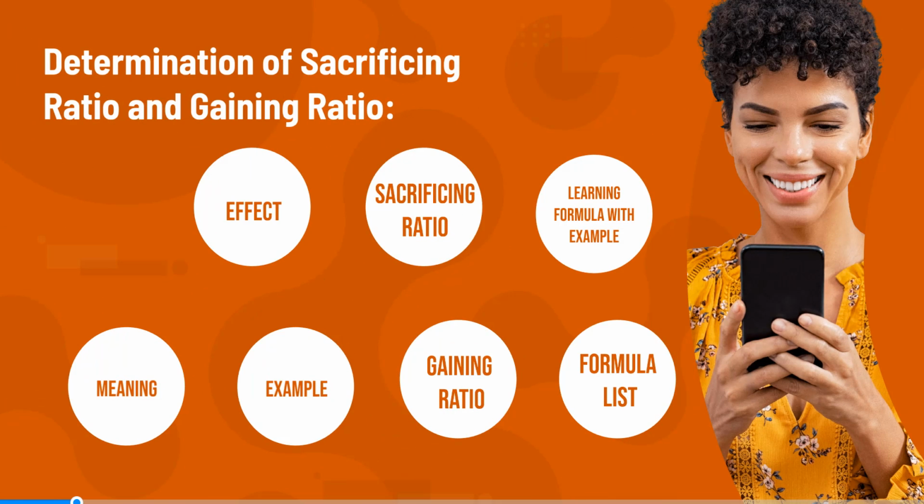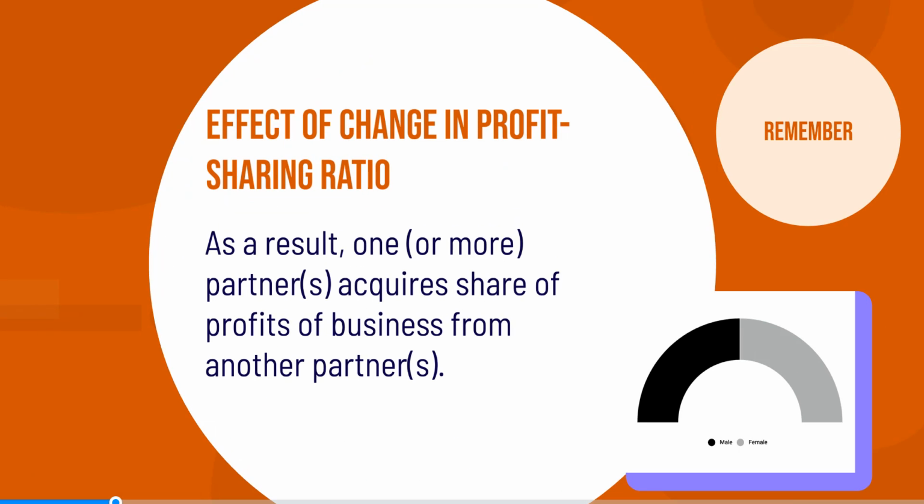Now, what is the effect of change in profit sharing ratio? As a result of change in profit sharing ratio, one or more partner or partners acquire the share of profits of the business from another partner or partners.